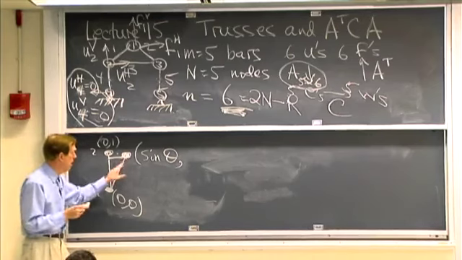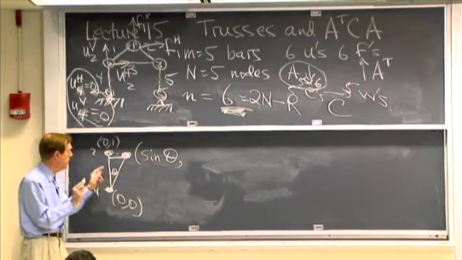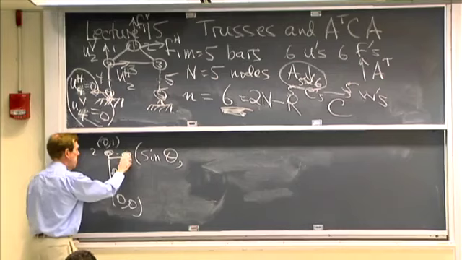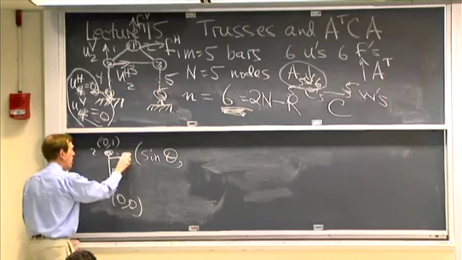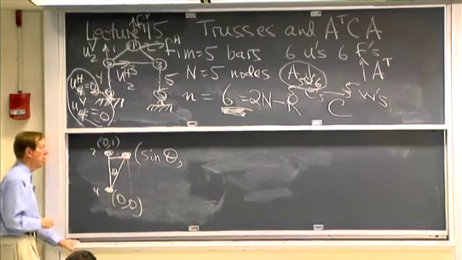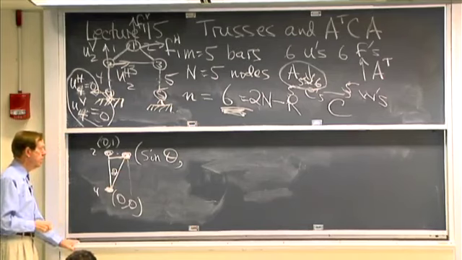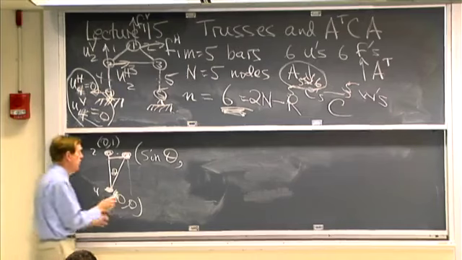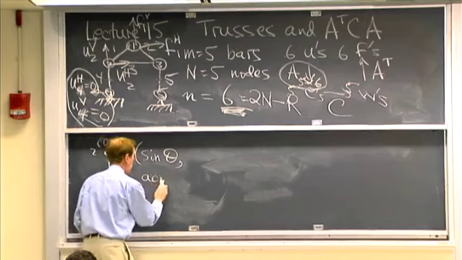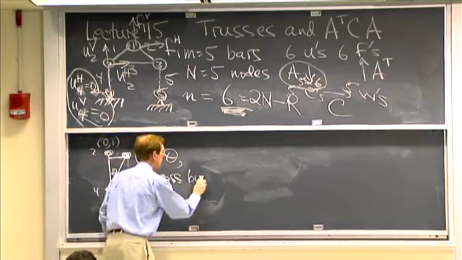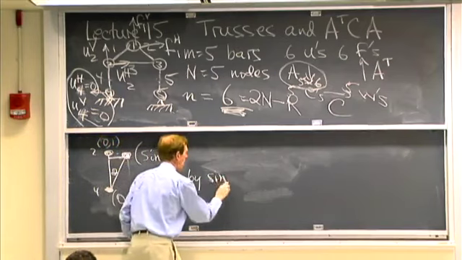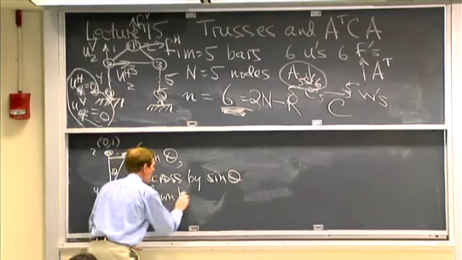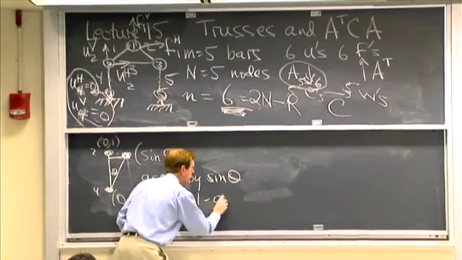well, let's find its position, and then we'll take the difference. So what's the vertical new position for that guy? I guess it moved across by sine theta and down by 1 minus cosine theta.